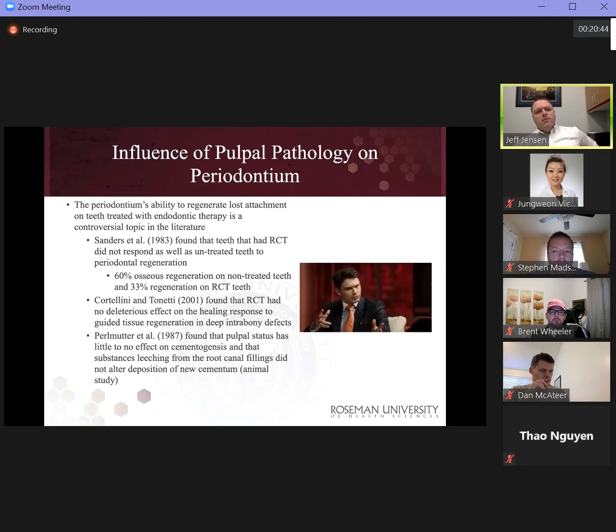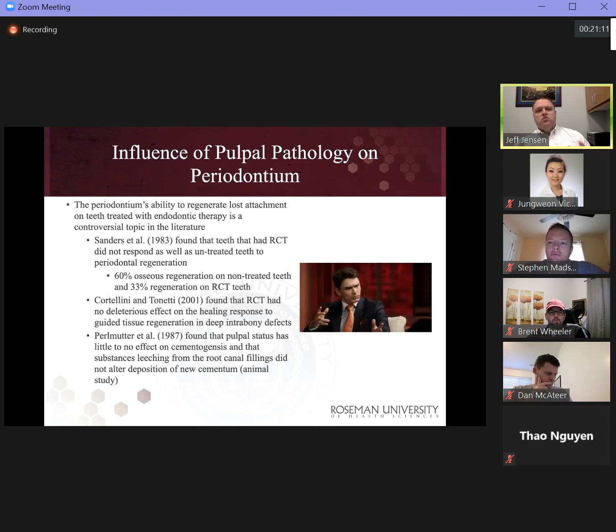I put this slide in here because I wanted to show a couple things. Number one, this slide we're talking about, if someone has endo, okay, if they've had endodontic treatment, and then that tooth loses attachment, can we go in and do periodontal treatment on that tooth and expect to see some regeneration?